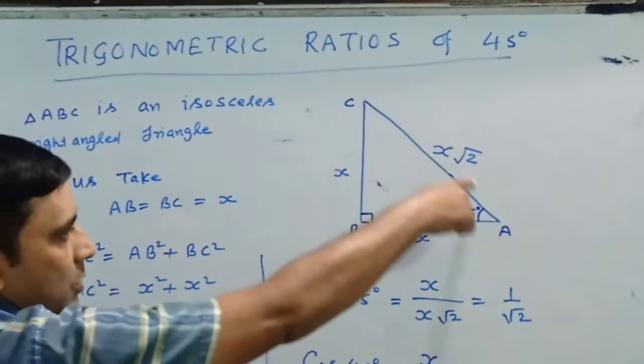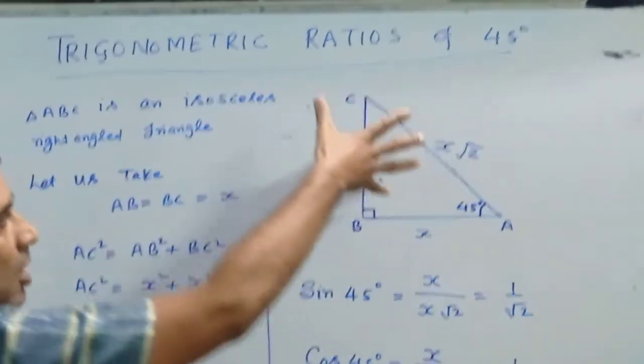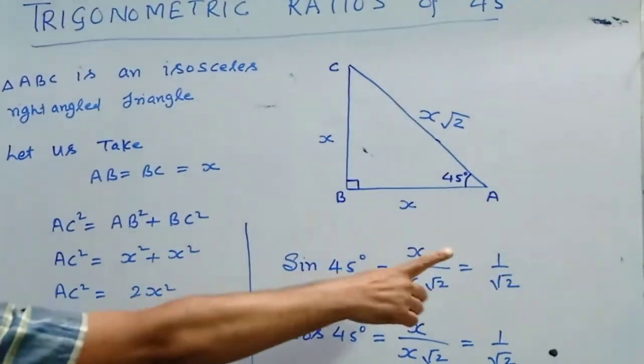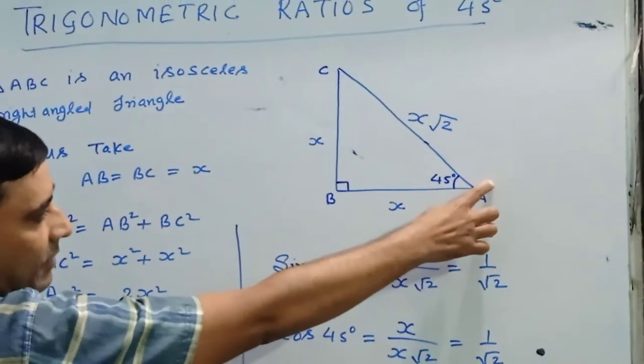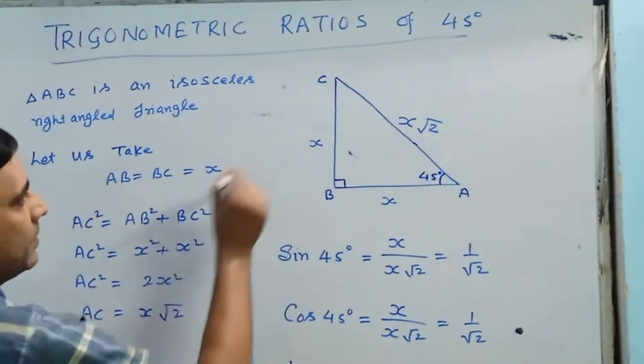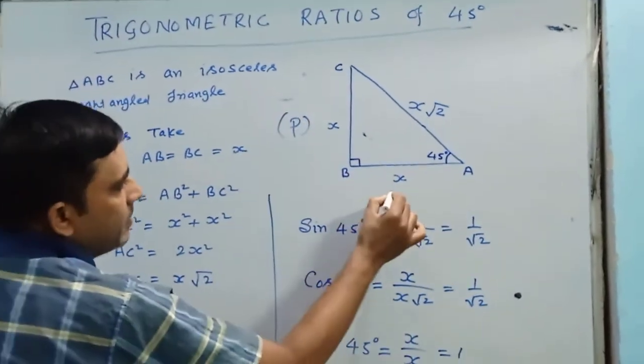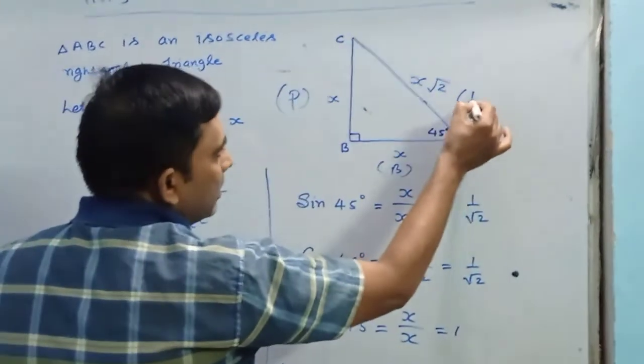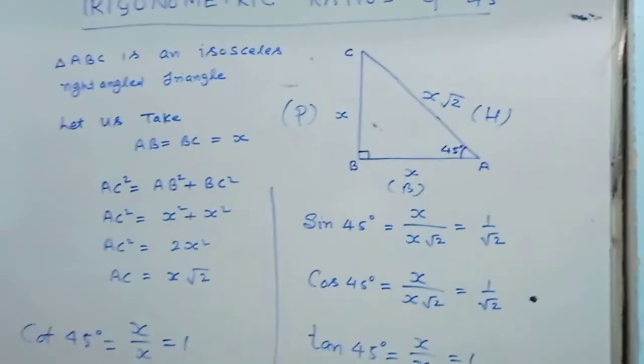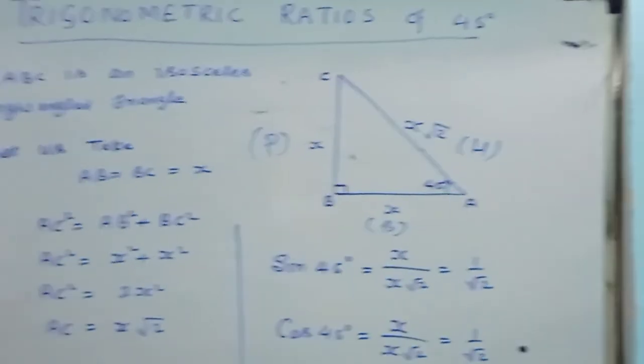By using Pythagoras theorem, we will calculate the value of hypotenuse. Now we have all three sides, and we are standing here. If I am here, then it is perpendicular, and it is base, and it is hypotenuse. Now by definition we can find all trigonometric ratios for 45 degree.